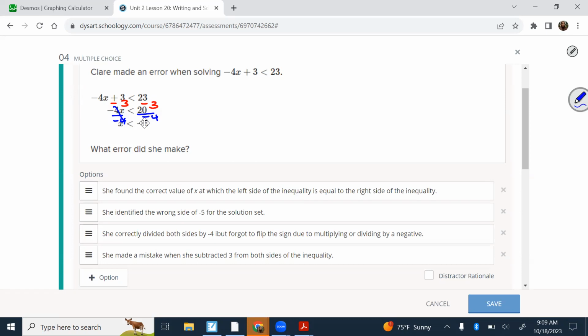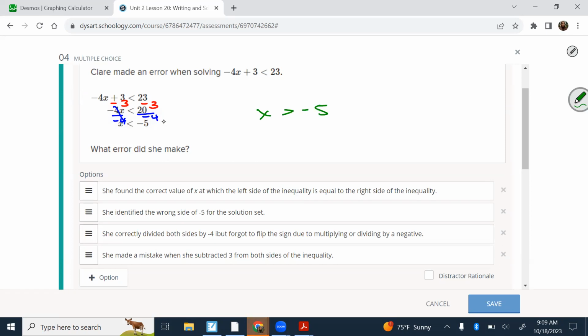That you have to flip the inequality symbol when you do what? When you divide by a negative on each side, or when you multiply by a negative on each side. Those are the two situations. So the mistake is that she left it the same, when really it should be x greater than -5.